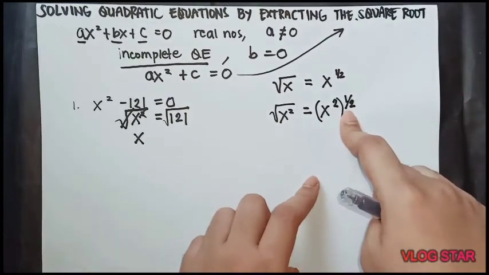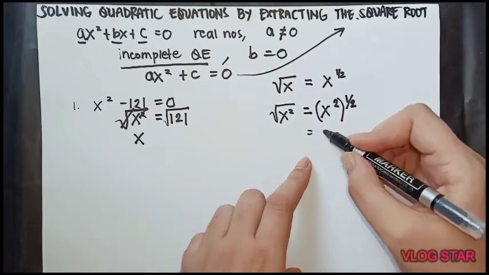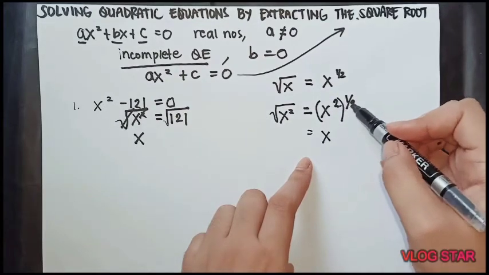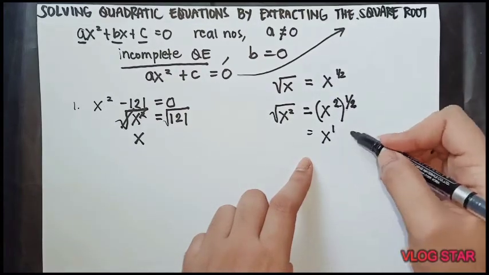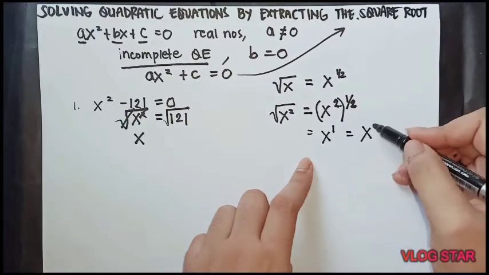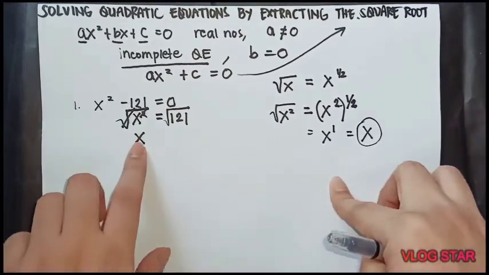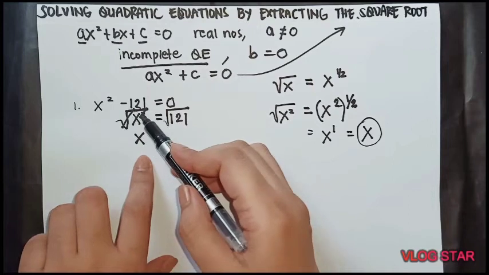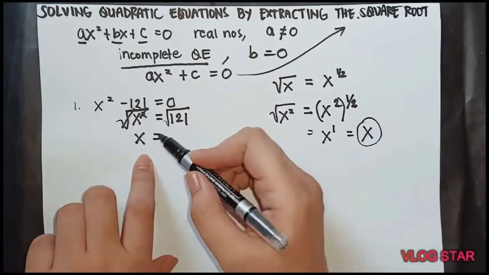And applying the law of exponent, we copy the base x and then multiply the exponents, 2 times 1/2, which is equal to 1, or simply x. So this is the reason why we just cancel the radical sign and the exponent.